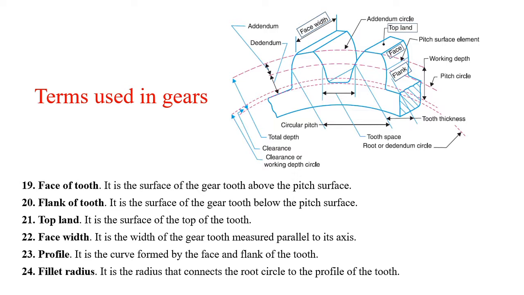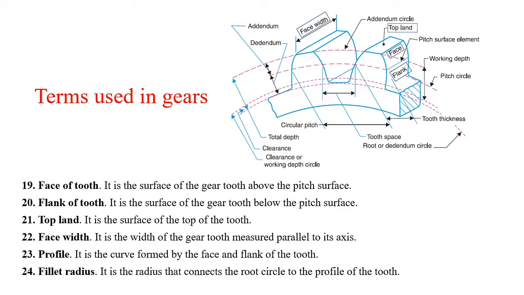Next, fillet radius. It is the radius that connects the root circle to the profile of the tooth. It is the radius between this profile and the root of this tooth.